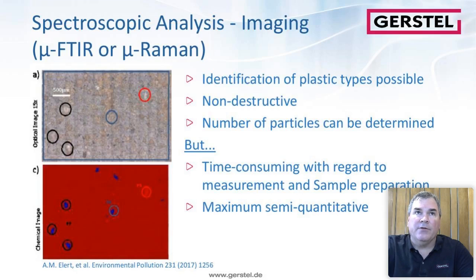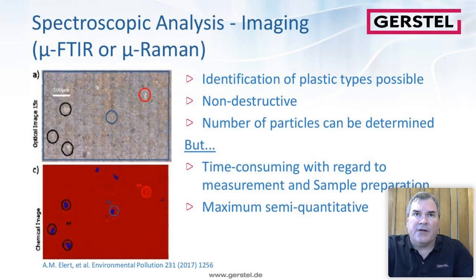One common way to do this, and it is very successful, is micro FTIR or micro Raman. Spectroscopies are very good at looking at microplastics. They can identify many types of plastics this way. It's non-destructive, so the sample can be analyzed by others. And the number of particles can be counted. So these are literally images taken from an article on environmental pollution.